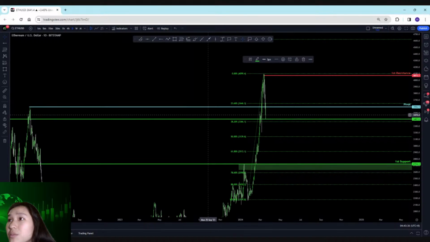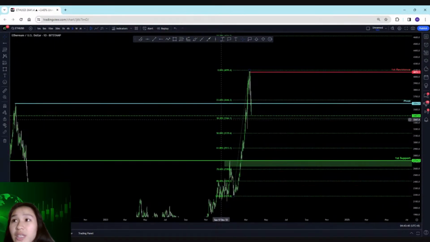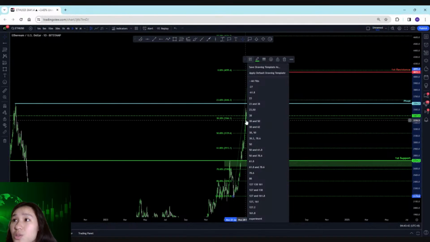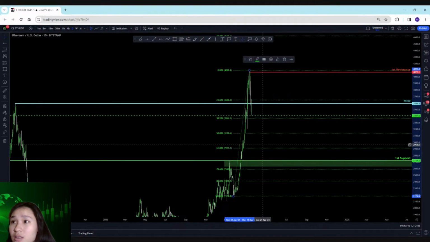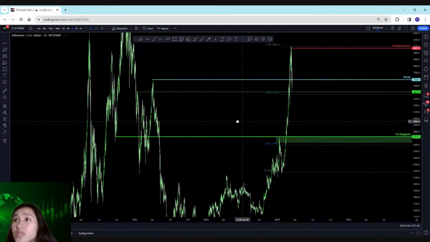This will be my intermediate support level in line with my 38.2. So I'll keep the 38.2 and the 78.6. This is on our daily time frame.